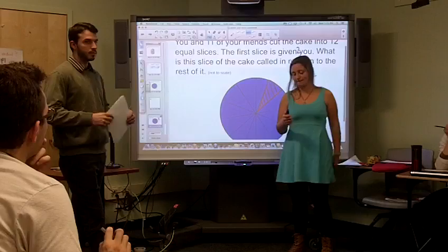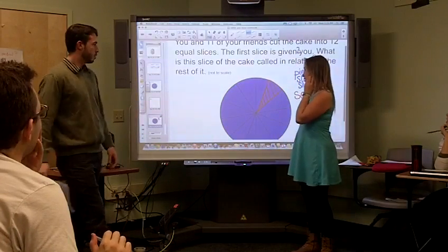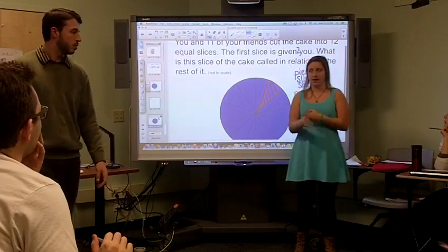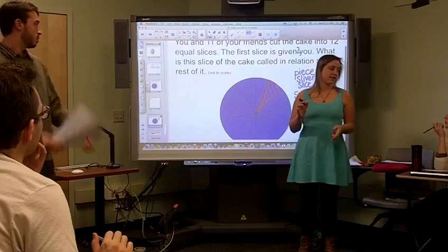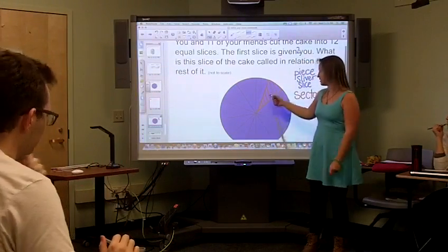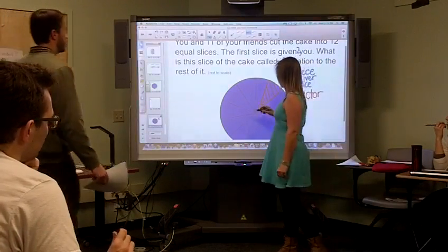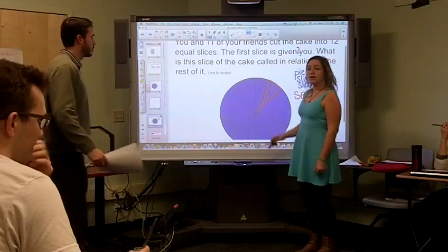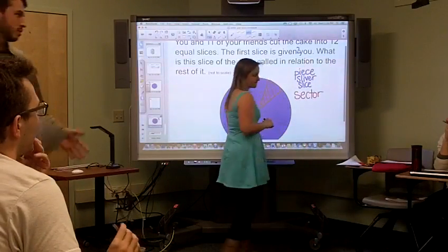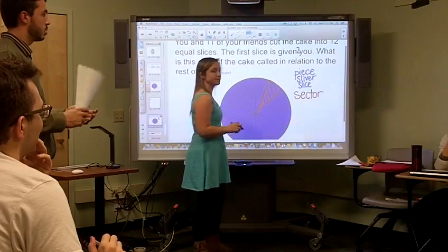A circle has parts like the area, the circumference, the diameter, the radius. What kind of parts does this sector have? It has an area, it has a radius. There's a chunk of the circle around. It doesn't have a diameter, right? The radius is part of it.